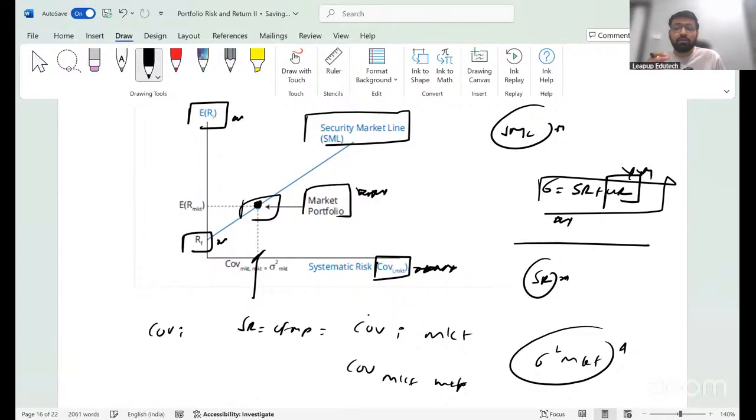That means covariance of A with A is ultimately variance only, right? That is what it is.